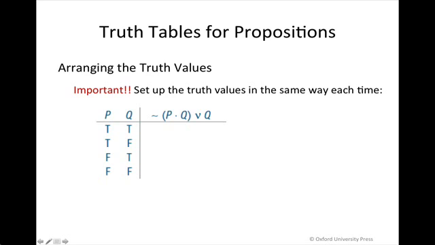So in this case, let me show you what I'm talking about here. Okay, so we have 3 connectives, the negation or tilde, the conjunction or dot, and disjunction or wedge. Which of these 3 is the main connective? Well, we know it's not the connective that's within the parentheses.